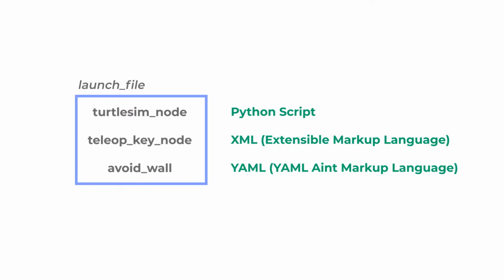In this lesson, you will create a launch file with Python because as a scripting language, you get the rich features of the language that cannot be performed with XML or YAML. Also, you get lower level access to launch features because they are written in Python.